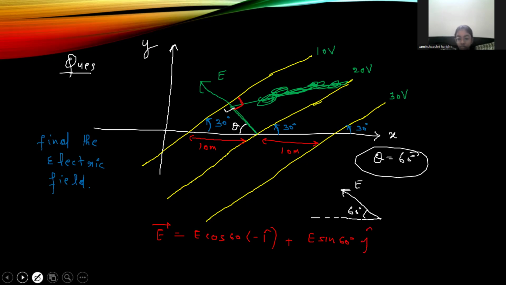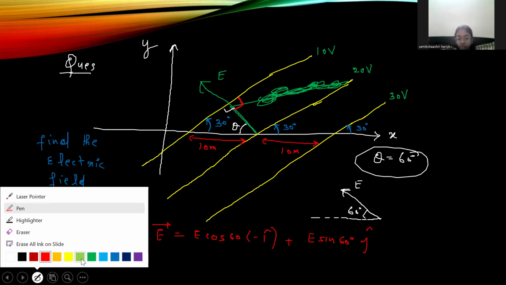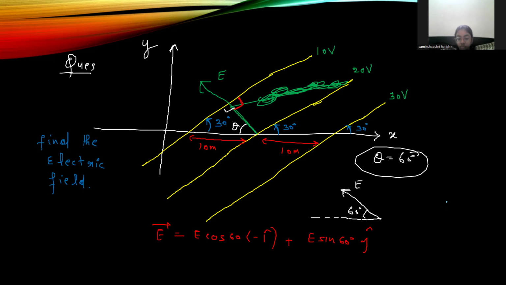Now, the main objective is to find this E. How to find the value of E? We know that delta V equals E into d. So delta V is how much? 10.